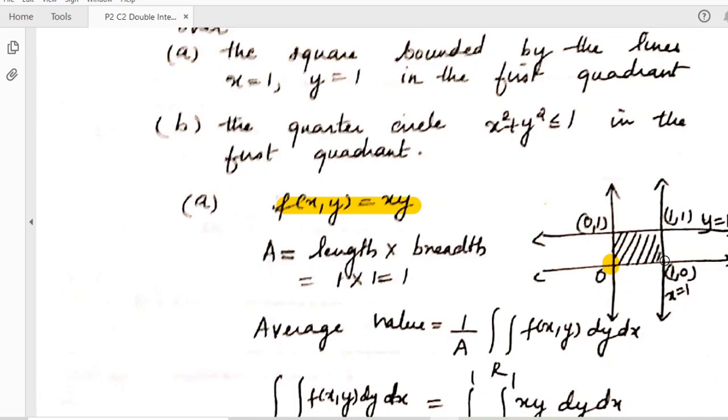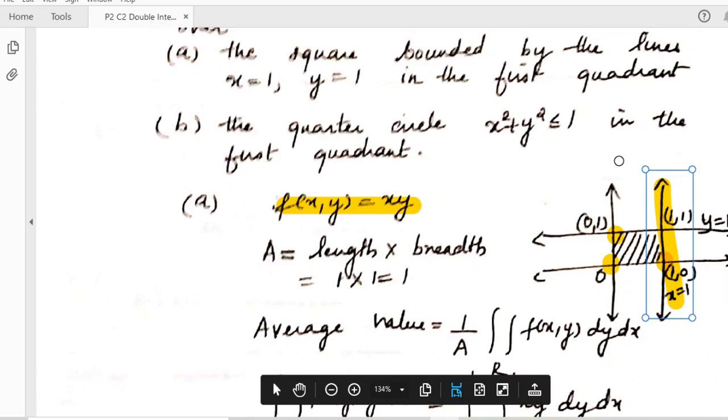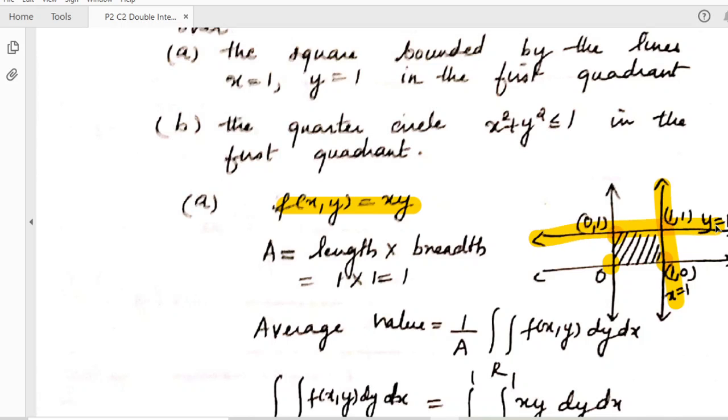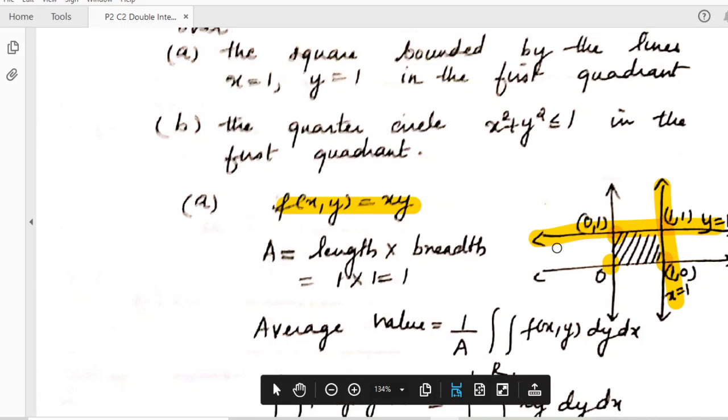Let this point be 1 on the x-axis and let this point be 1 on the y-axis. x equal to 1 means the line passing through the point x equal to 1 parallel to the y-axis, and y equal to 1 means the line passing through the point 1 on the y-axis parallel to the x-axis. So this is our x equal to 1 and y equal to 1.